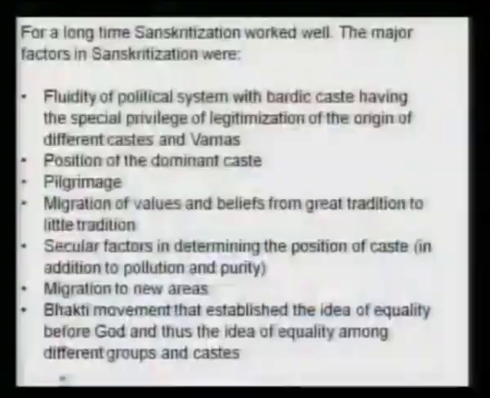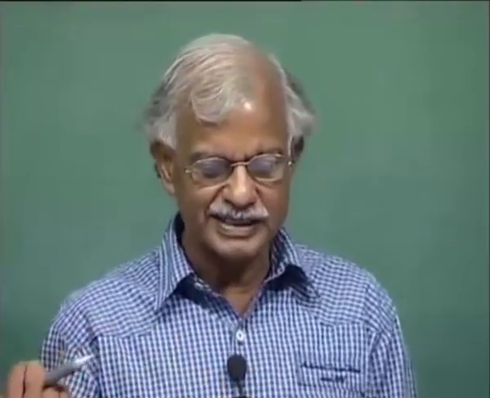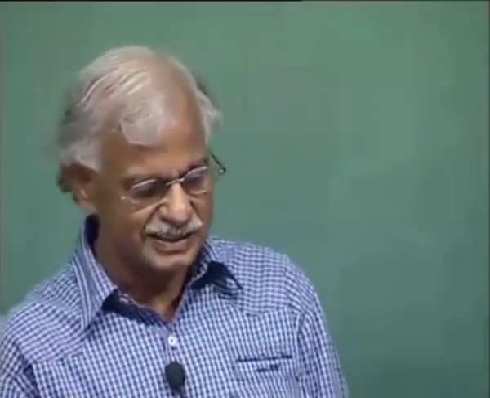Then secular factors also determine the position of caste, in addition to pollution and purity. If a caste is numerically large, if a caste is more educated, if people belonging to certain castes are working in cities, in high quality jobs, in bureaucracy, in the army, in universities, the status of that caste is elevated.